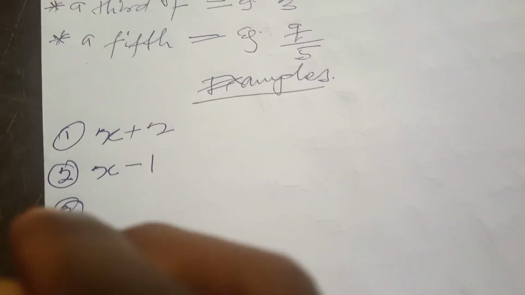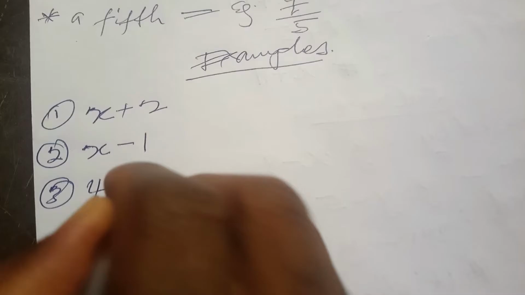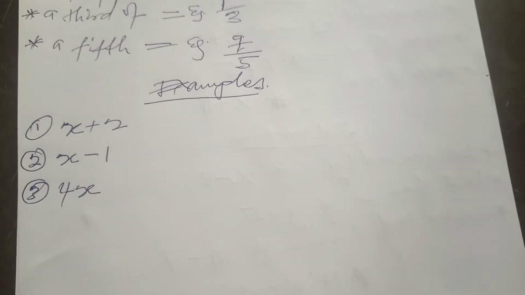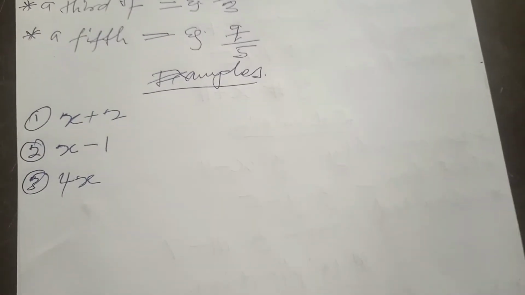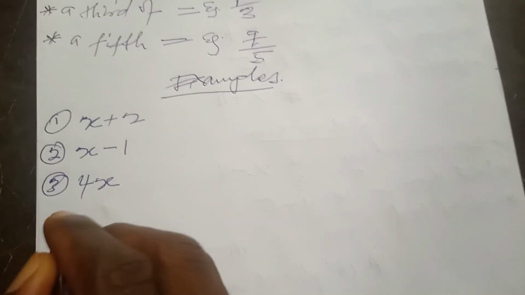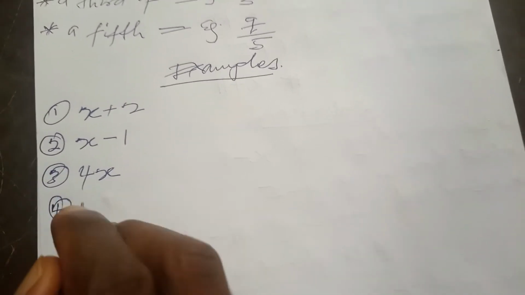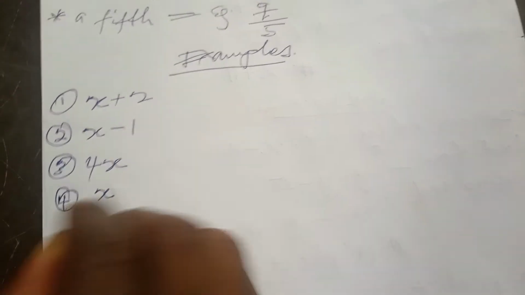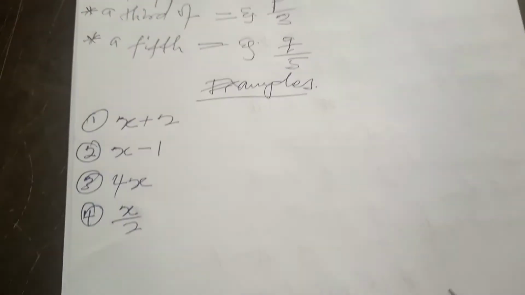What about if you have 4 times x? I'm sure you had 4x as your answer. What about half of x? I'm sure that gives you x over 2. That is not all.